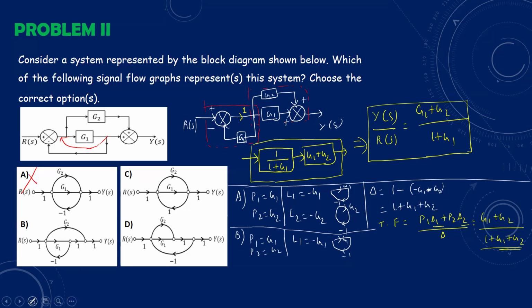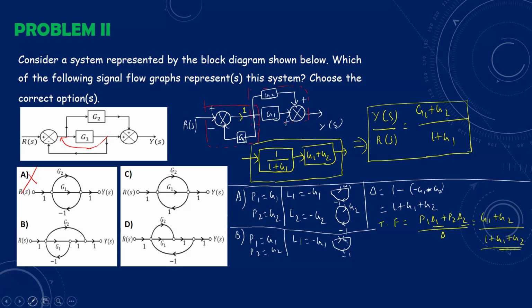For the other loop, G2 here, backward it's not coming, because this gain is given in the forward direction. So it is not a feedback loop. We cannot take G2 and -1 as a feedback loop. So we can conclude only one individual loop is there.